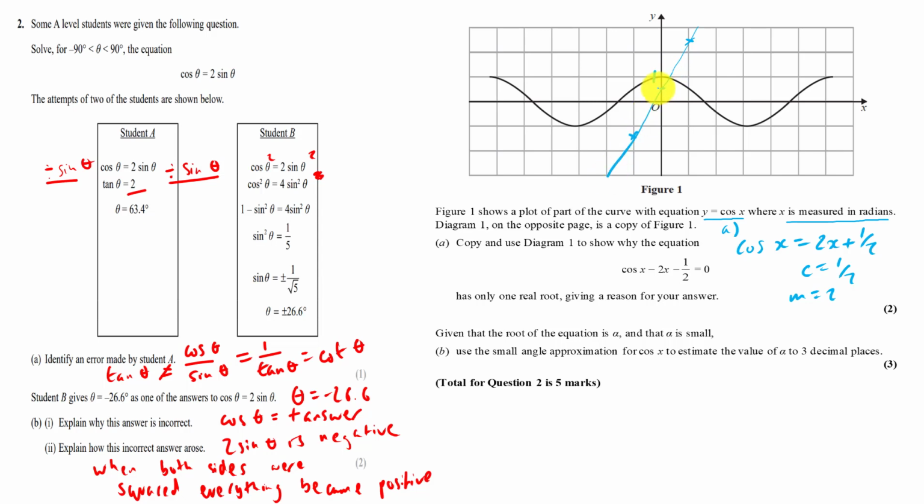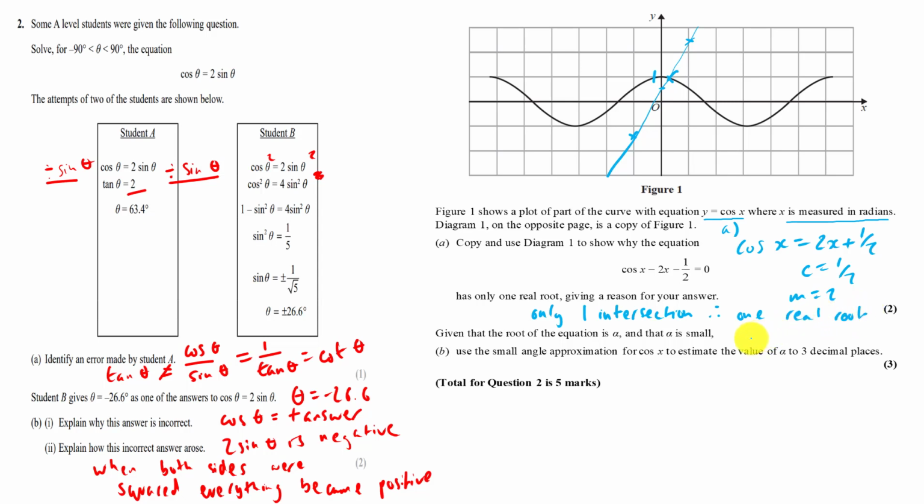So if we draw a line here, you can see only one intersection. Therefore, one real solution or root, one real root.